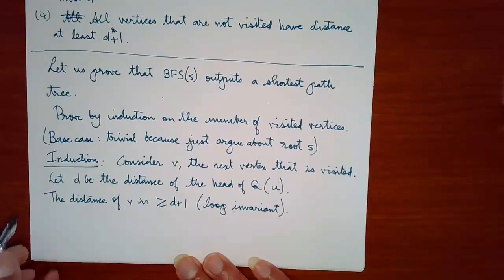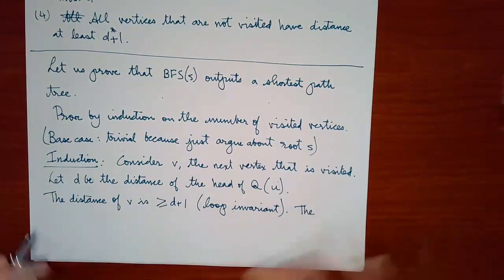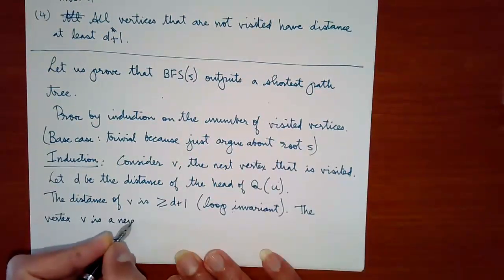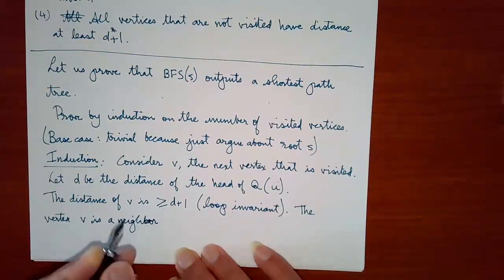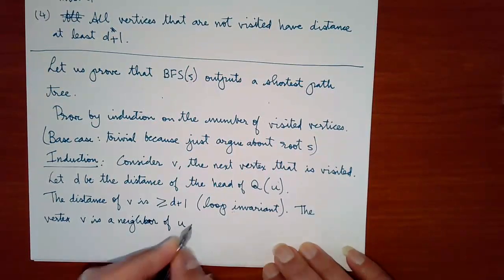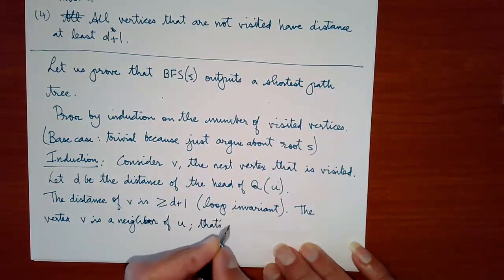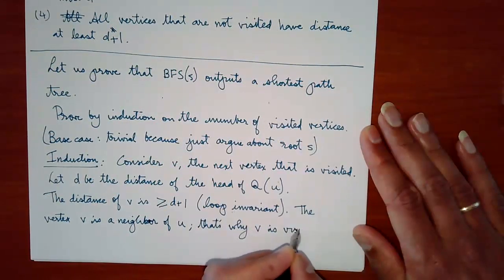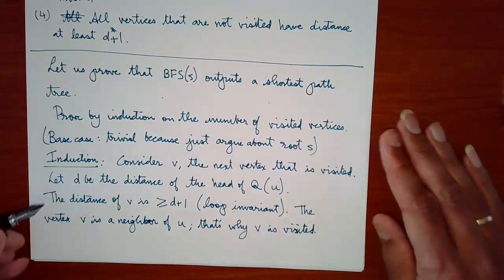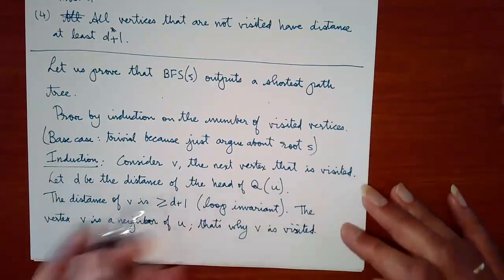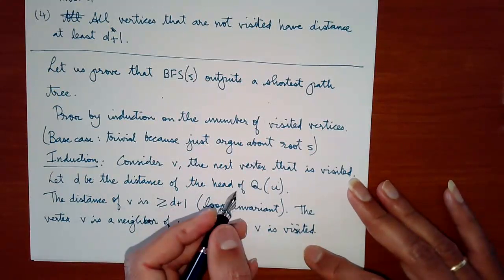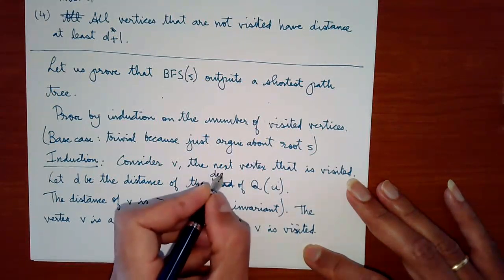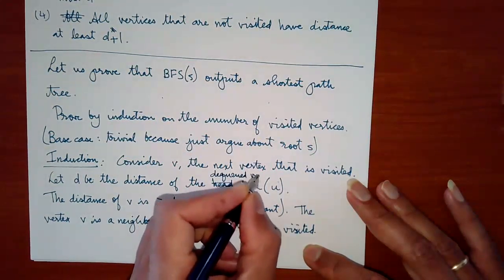We also know that the vertex V is a neighbor of U. I mean, that's why V is visited. Actually, I should say instead of the head of the queue, it is the dequeued vertex.